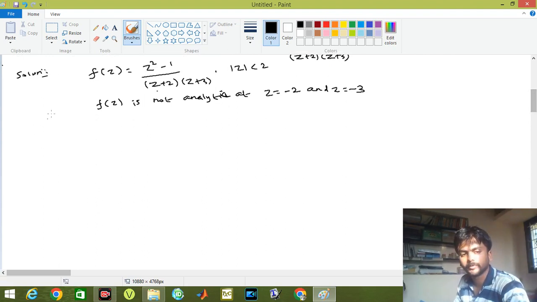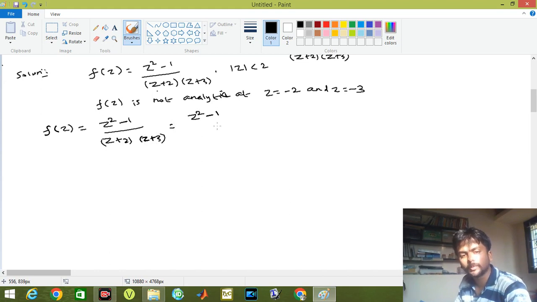Okay, now the function is a very complicated one. I am going to break the complexity, the toughness in this question. What is given? F of z equal to (z square minus 1) divided by (z plus 2)(z plus 3). So how can it be written?